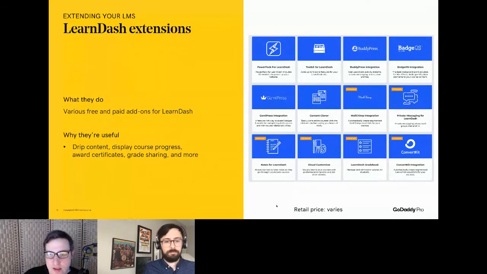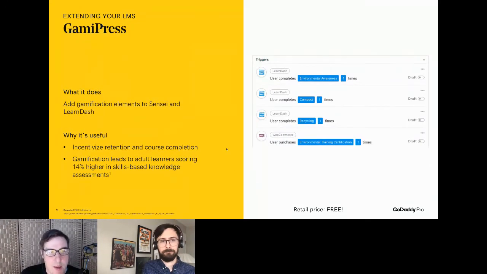Nik said it at the top, LearnDash is one of the giants of this business, and there's a reason for it. Not that you can't replicate most of this with Sensei and other extensions, but for LearnDash, they're all right here in front of you. So something to keep in mind as you're picking your LMS and setting up your site and your system. So let's move on to some more extensions.